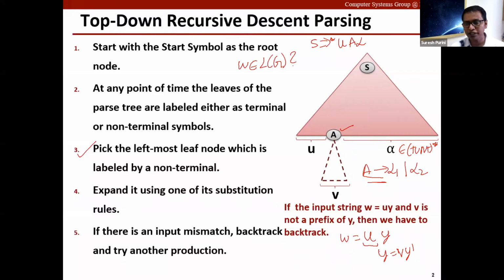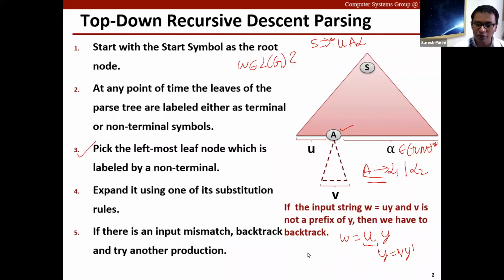So instead of using the substitution rule A goes to alpha 1, we have to use the substitution rule A goes to alpha 2, and try if we can generate a prefix of the leftover string Y. And if even after using the second substitution rule, A goes to alpha 2, we are not successful, then we say that there is a parsing error.